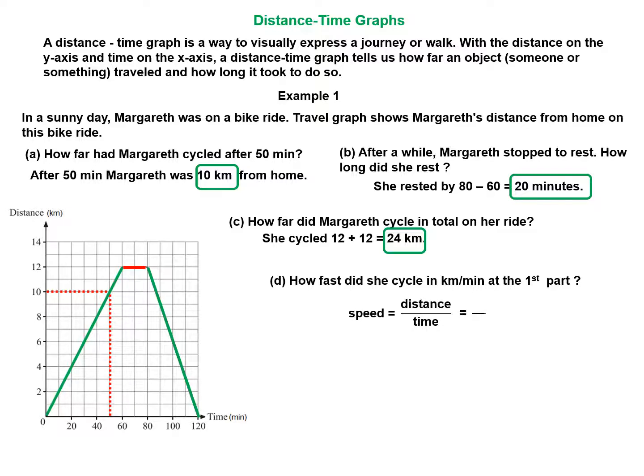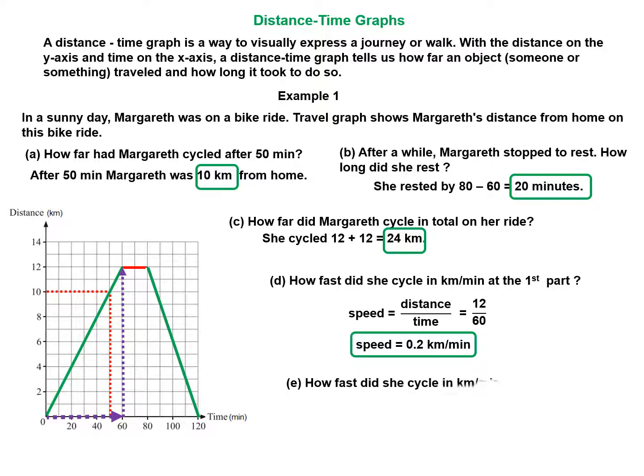Look at the graph. X change is 60. Y change is 12. Speed is 12 over 60. Speed is 0.2 kilometers per minute. How fast did she cycle in kilometers per minute in the third part?